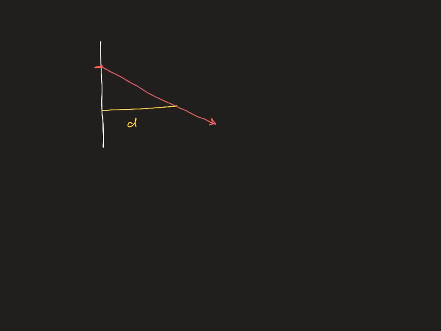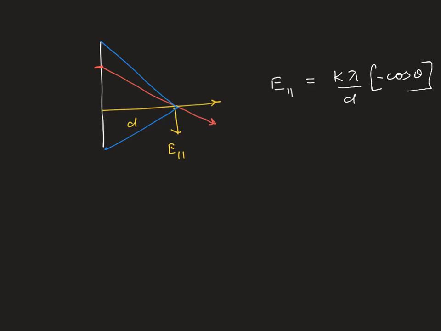Anyways, so we were focused on E parallel, which after integration came out to be k lambda by d into minus cos theta. And if you remember the integration limits, they were from minus beta to alpha.